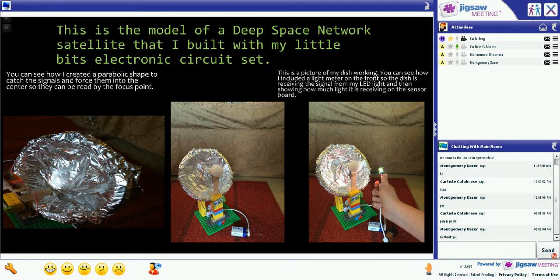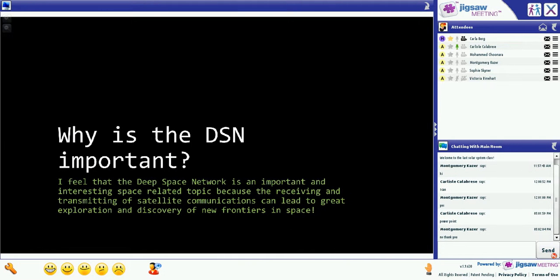My dish operates on the same principle that the DSN dishes that NASA operate on. I think the DSN network is a wonderful contribution to the exploration of space, and hopefully, as technology advances, we will continue to learn more about space and what is out there. Slide 6. Thank you for watching my presentation.